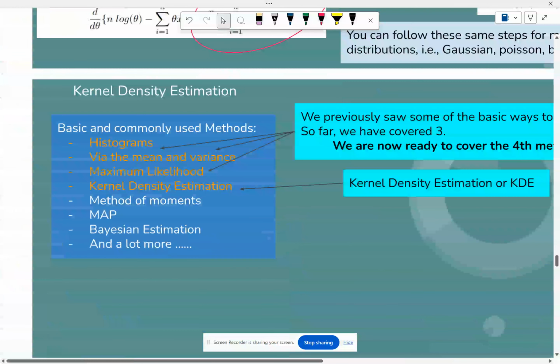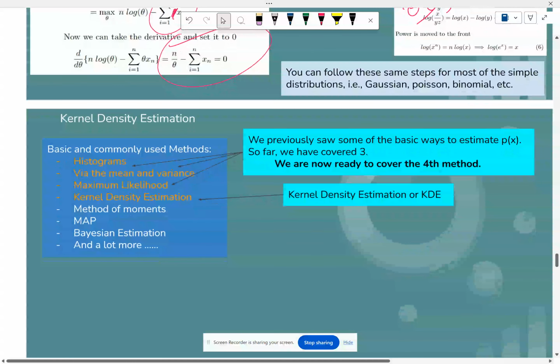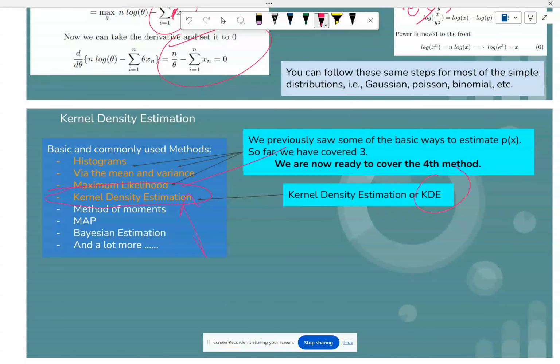Okay. Now that we've seen maximum likelihood, we've done the histogram method to get the idea of the probability distribution. We also used the mean and the variance method to essentially get the probability distribution. Now we learn maximum likelihood. So these three are the ones we've done so far. The very last one, and I will argue the most powerful one among these, is called kernel density estimation, KDE.